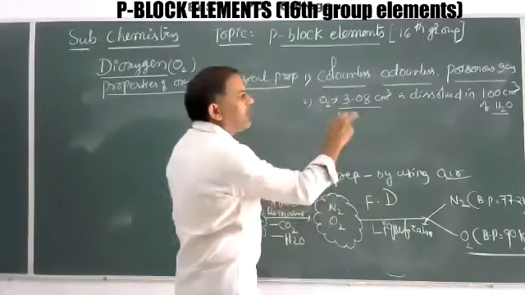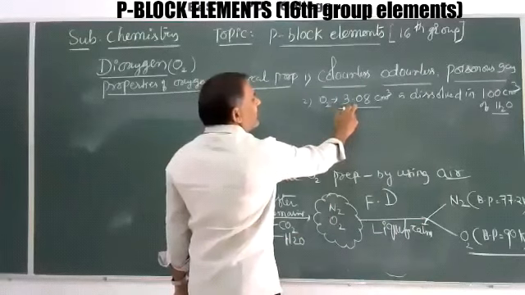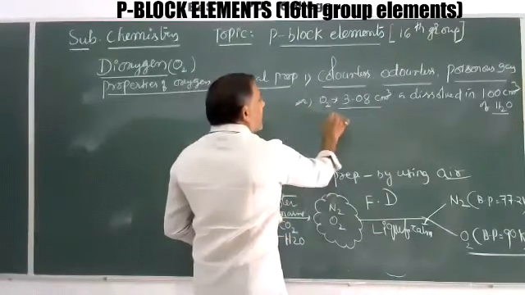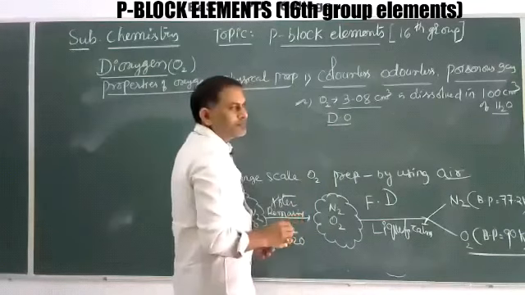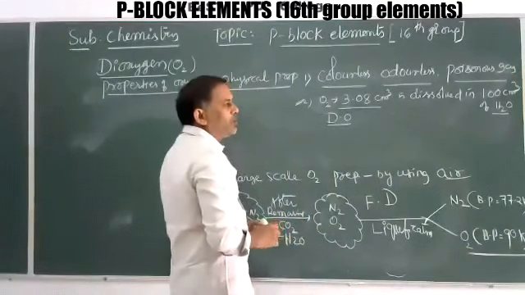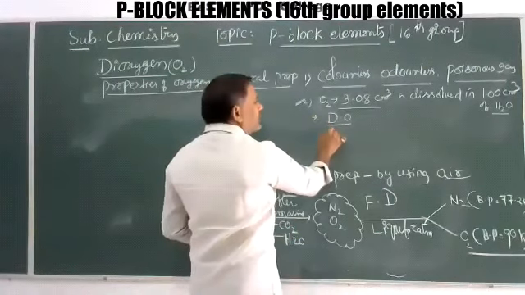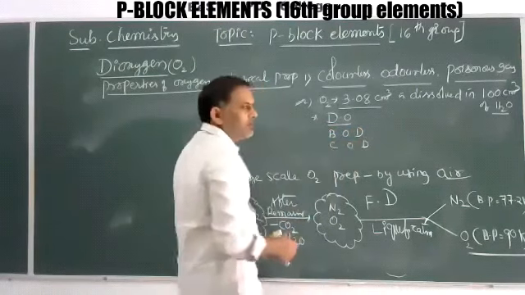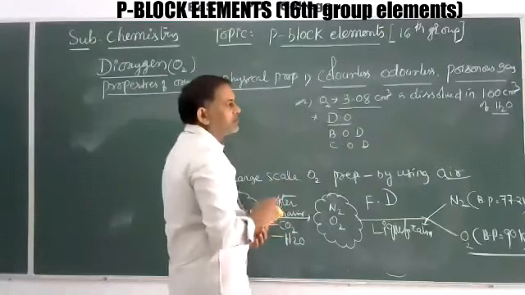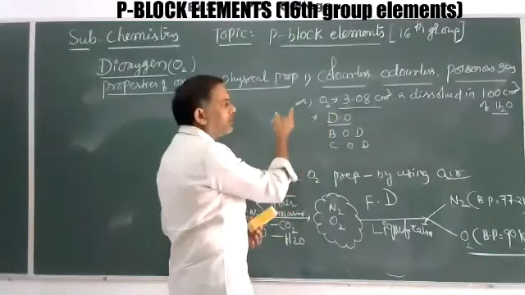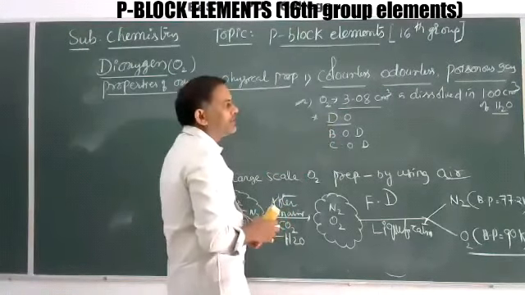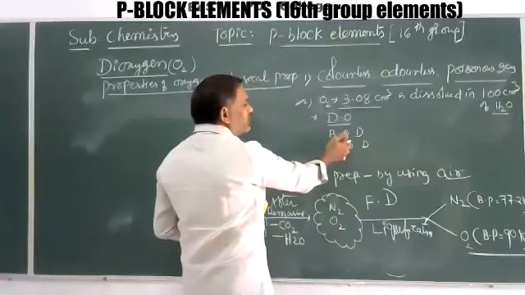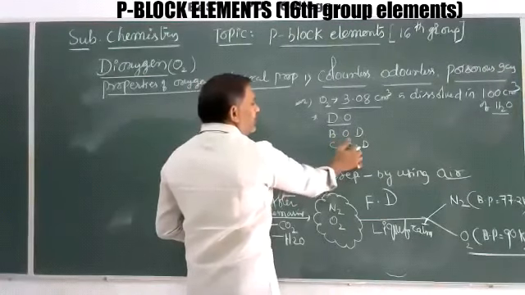How much soluble? In 100 cm cube of water, 3.08 centimeter cube of oxygen is soluble. That is dissolved oxygen, DO. In 11th standard, in environmental chemistry, there is an important concept: biological oxygen demand and chemical oxygen demand. That is solubility based. Dissolved oxygen is required for biological processes and chemical processes, that is, biological oxygen demand and chemical oxygen demand.